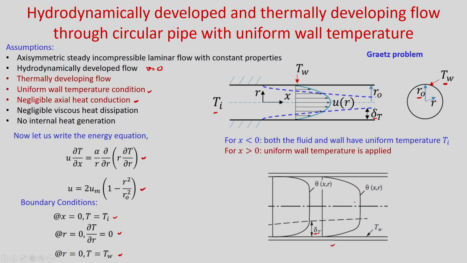However, when x tends to infinity, that means thermally developed flow, then your central line temperature will vary with x. Today we will find the temperature distribution which is valid in both the developing region as well as the developed region, and we will also find the Nusselt number.